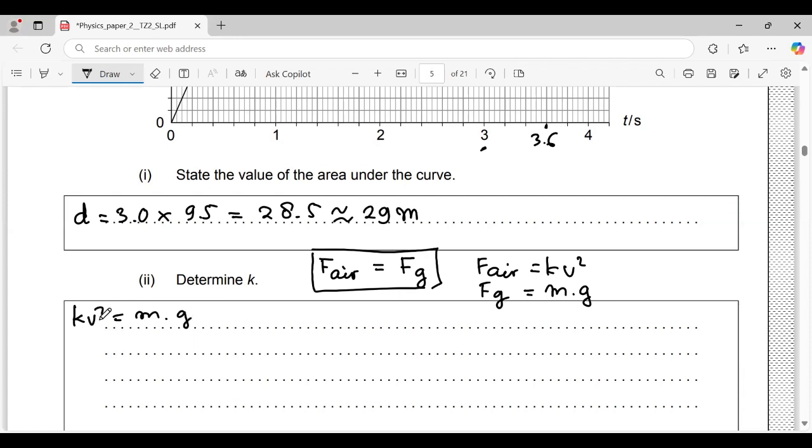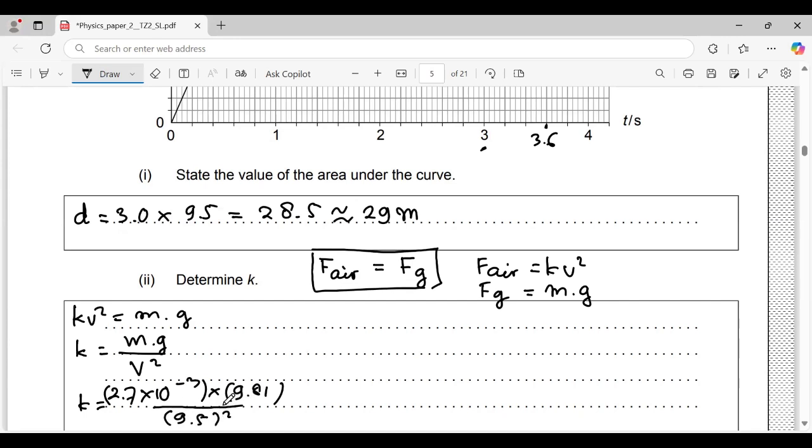Now we are going to figure out k. So k equals m times g over v squared. Now, for k we can determine: m is 2.7 times 10 to the power minus 3, this is the mass, times 9.81, this is the gravitational acceleration, over 9.5 squared.